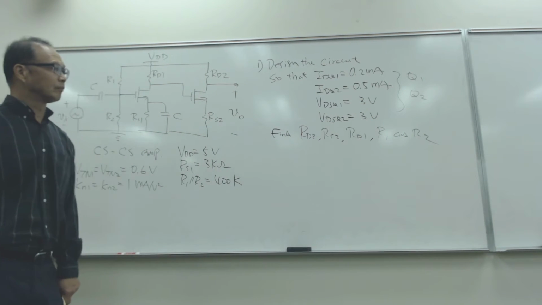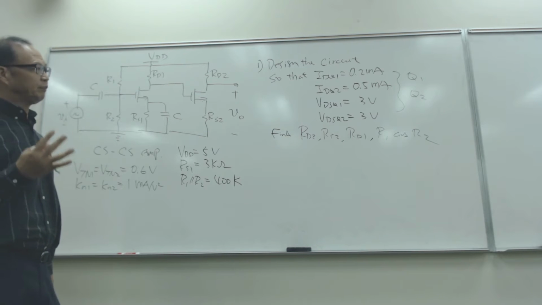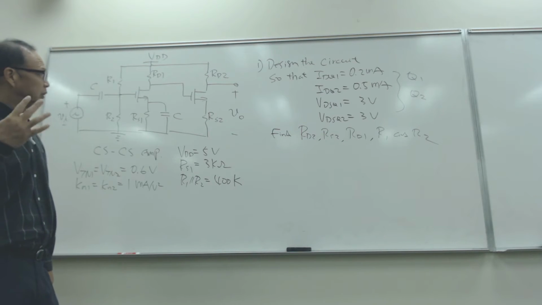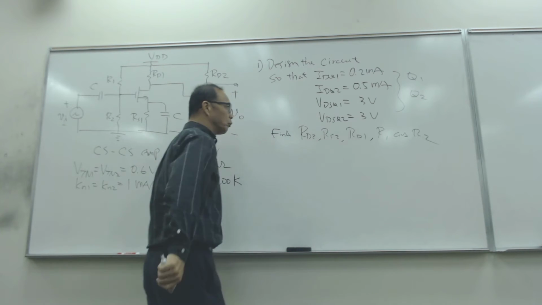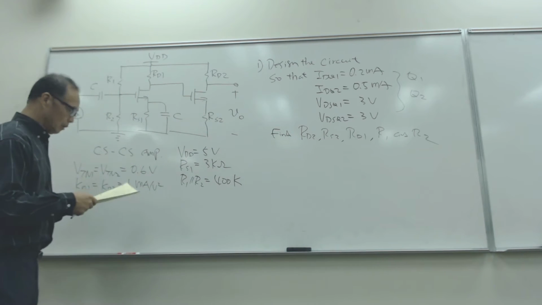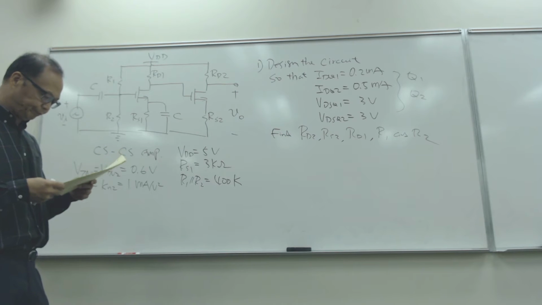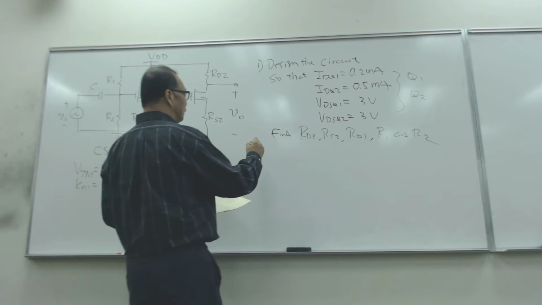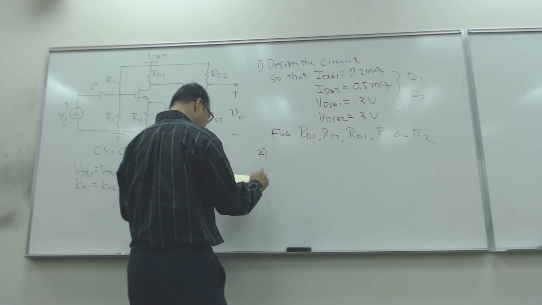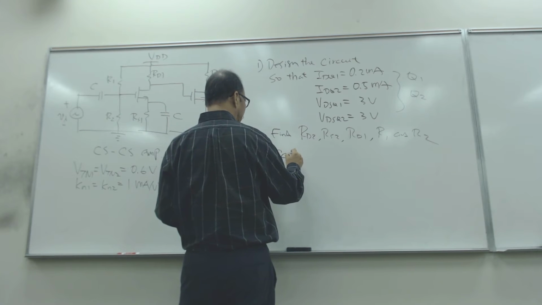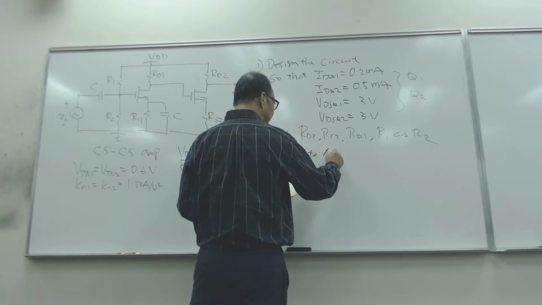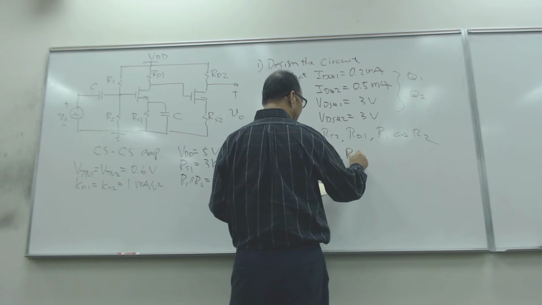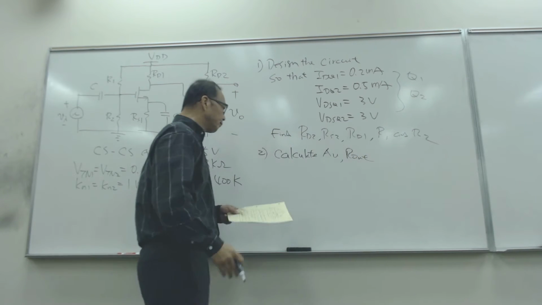So the Q points are specified, and you need to design a circuit so that you have these two Q points. All right, so that's the first part. Second part is to calculate A sub V and the output resistance.